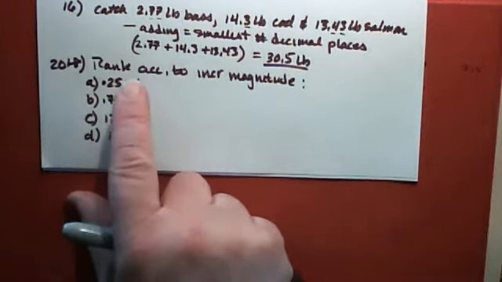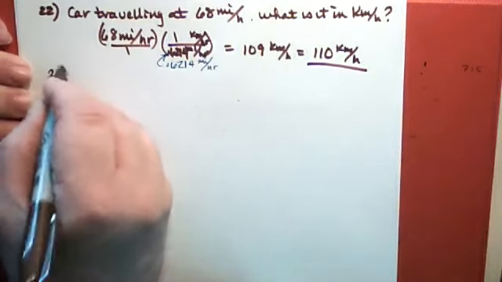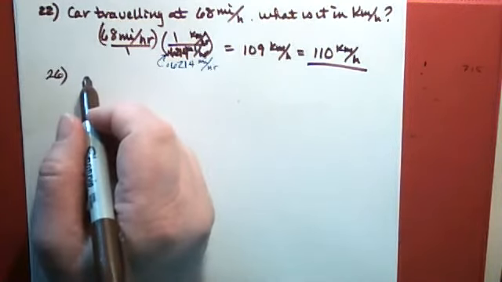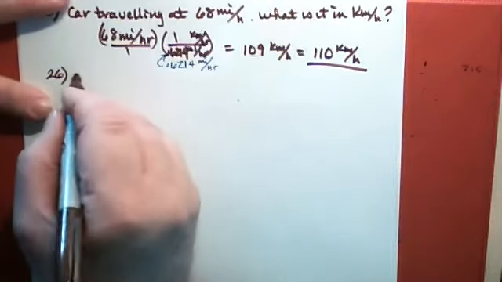Because this is only 2 significant figures, we really should round that off to 110 with no decimal point, because that's 2 significant figures. So it's 110 kilometers per hour. Sounds a lot faster that way. Okay, number 26 is, I think, the next one that's useful.